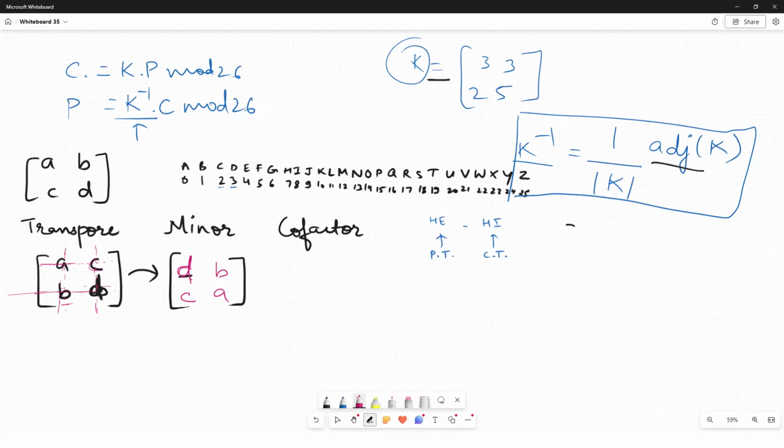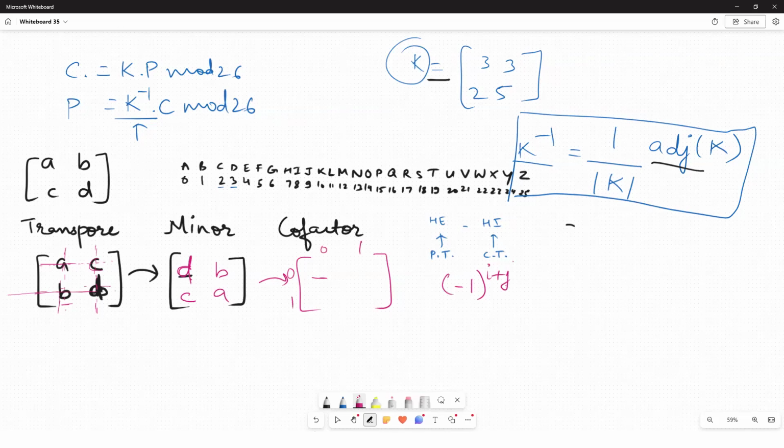And the last factor is the cofactor, which assigns negative values to certain coordinates, where the sign is assigned in terms of -1 to the power of i plus j, where i and j are the row and the column number. So if this is the element, this is 0, 0.